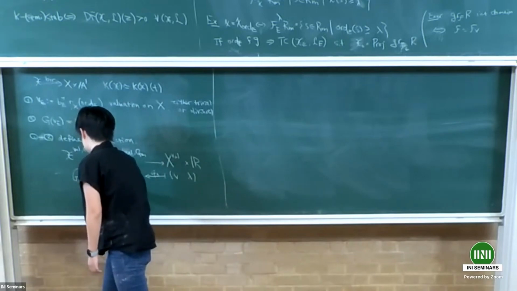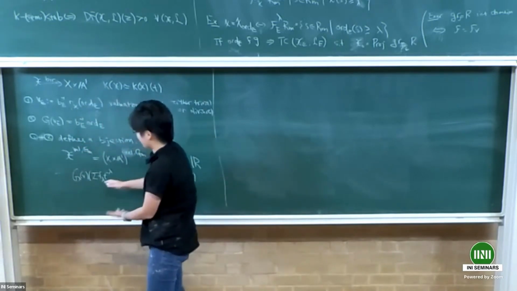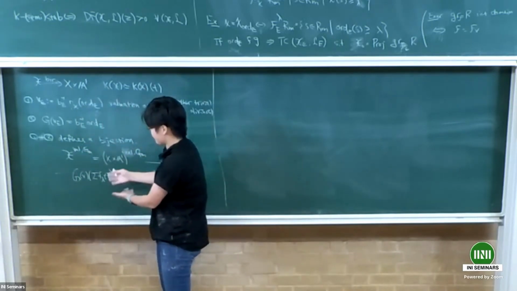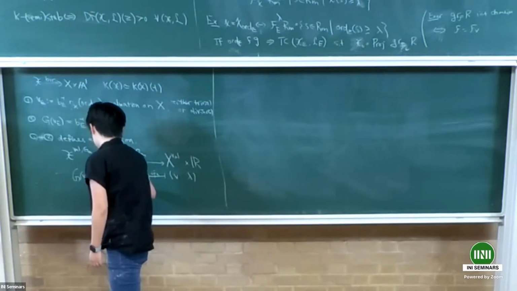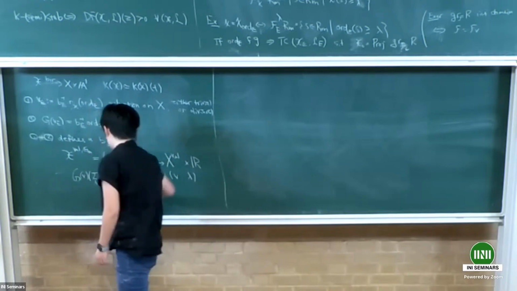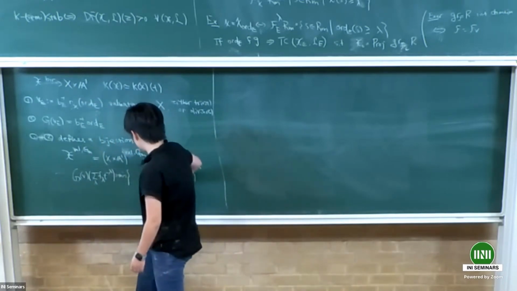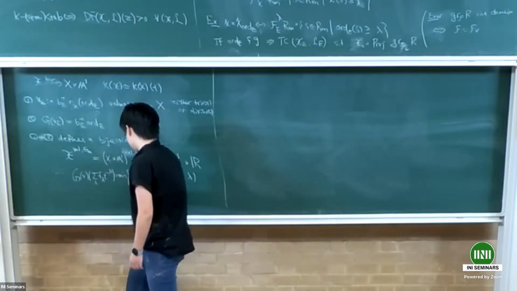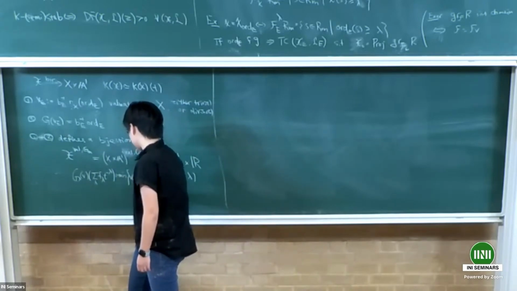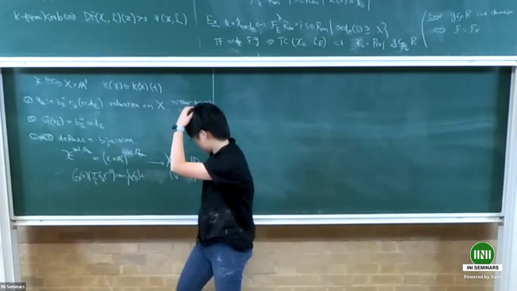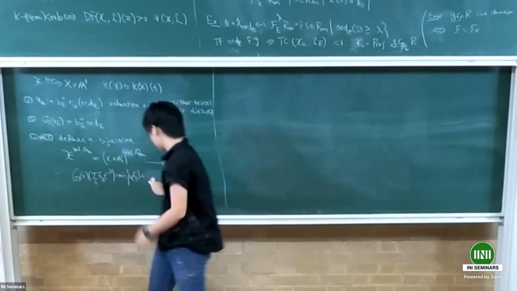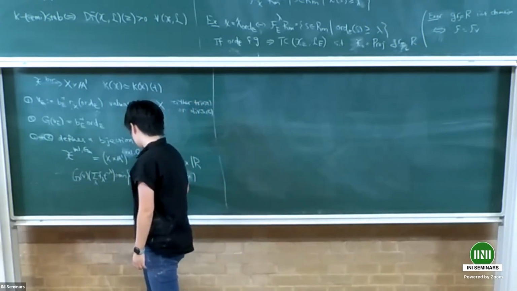And I want to do this weight decomposition so as to record the weights of the Gm action. This by definition is going to be the minimum of, we need a little bit more space, V of f lambda plus, there's too many lambdas, plus 3 times lambda.